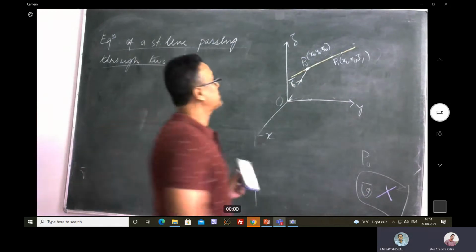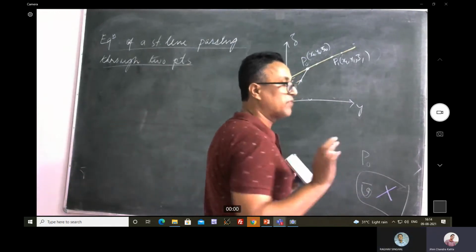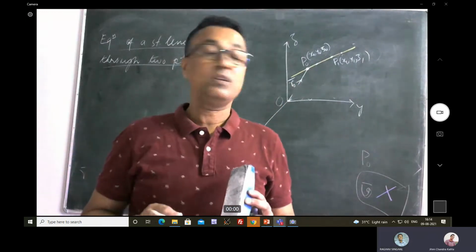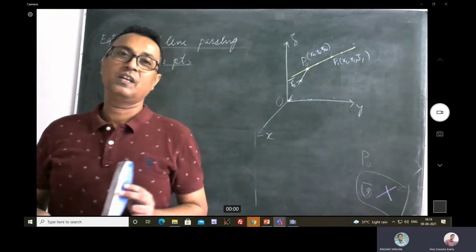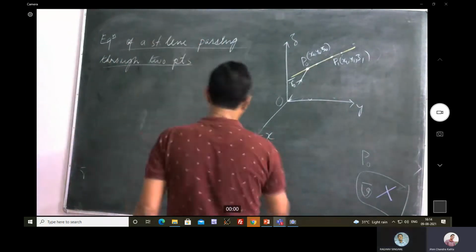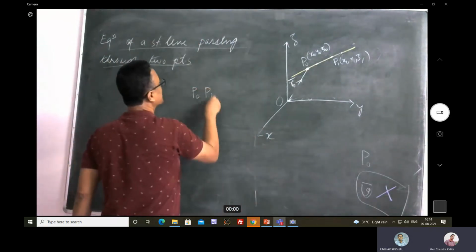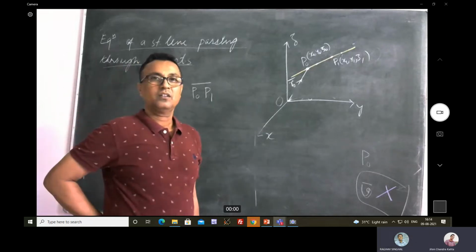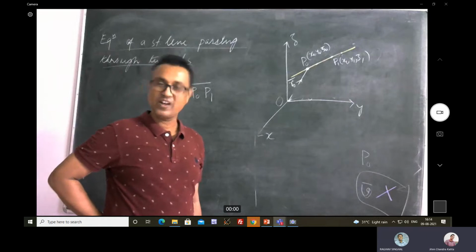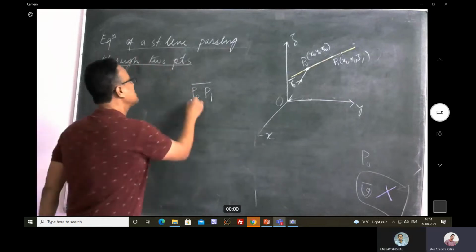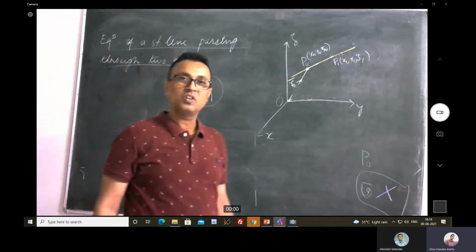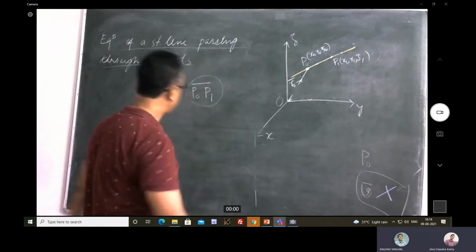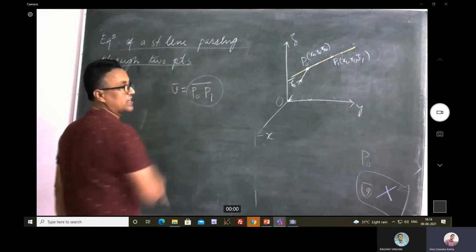Okay, see, basically what we have to find out is a vector to which the straight line we are trying to find the equation of is parallel, isn't it? Now, if I consider P naught P1, this vector lies on the given straight line, isn't it? Fine, isn't it? So that means this vector itself is parallel to the given straight line. Fine? Is it okay? So in that case, we have found our V.